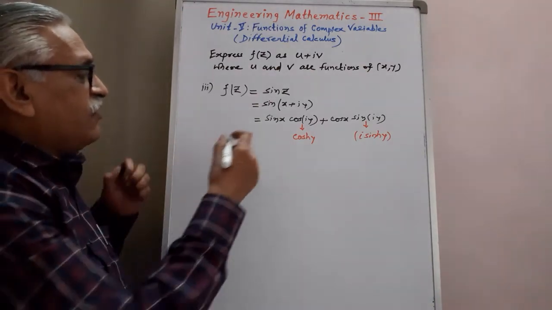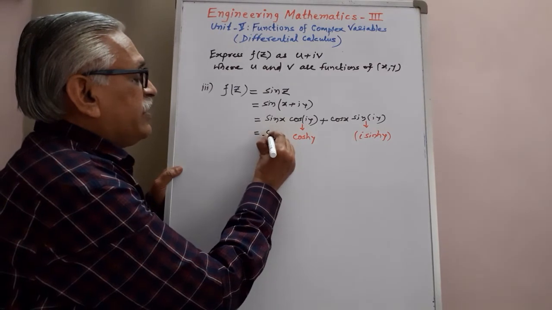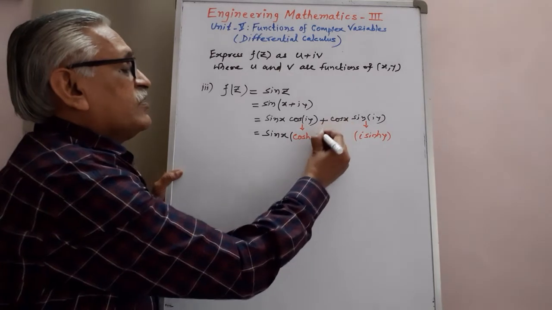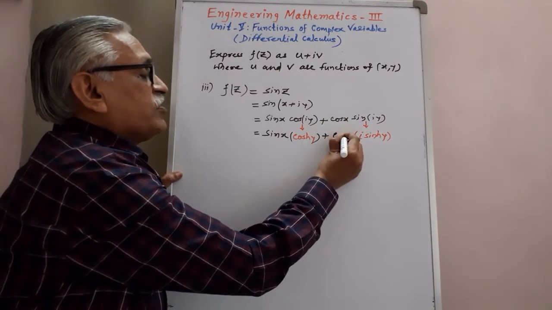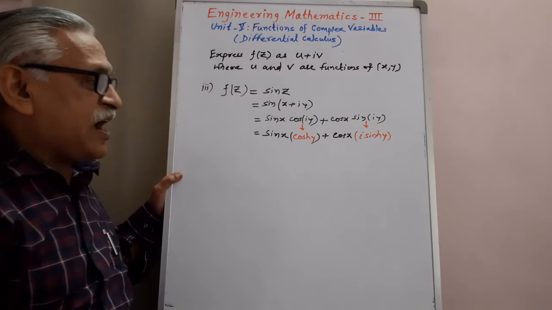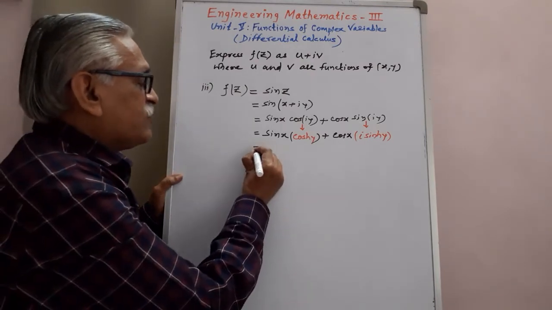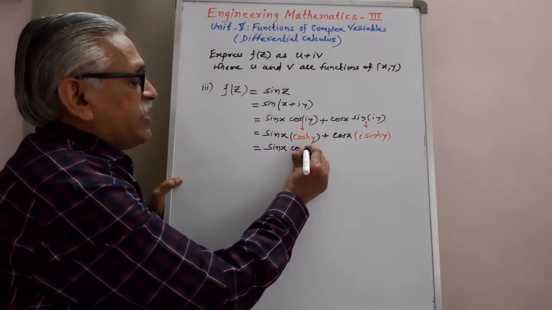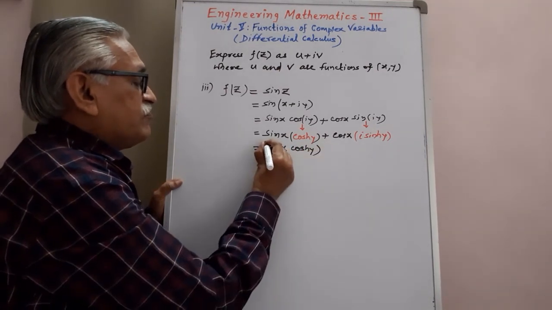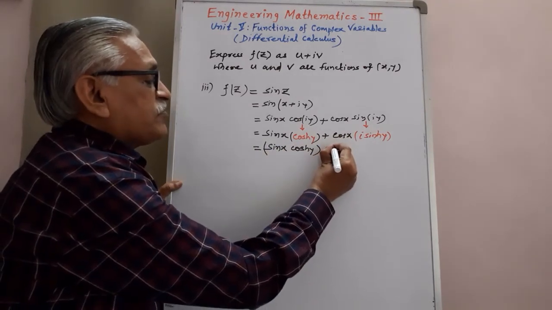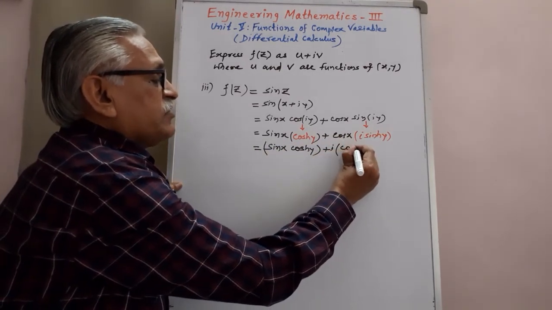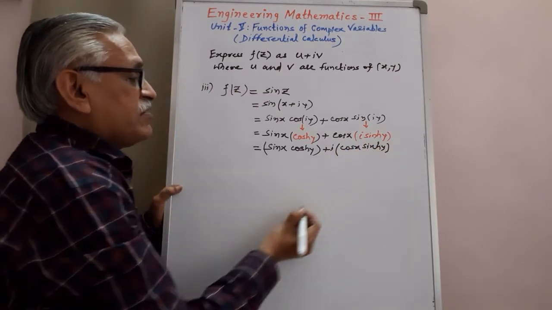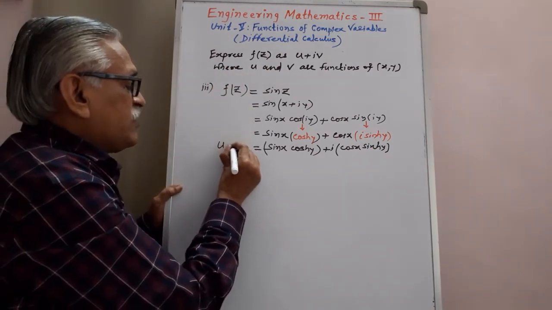Using that, we have it is equal to sin x into cos hy plus cos x into i sin hy, and therefore the first term, sin x cos hy, is the real term, plus i times the second term, cos x sin hy, and f of z is nothing but u plus iv.